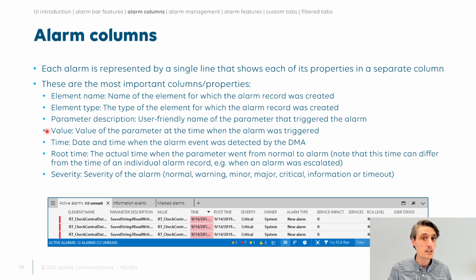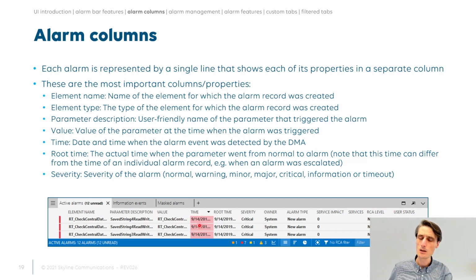So be aware that the real-time value is not shown in the value column here, but remember that you can open up the side panel on the right-hand side of your alarm console, and if you select the alarm, you can see the real-time value there. Here we see the value at the time the alarm was generated.